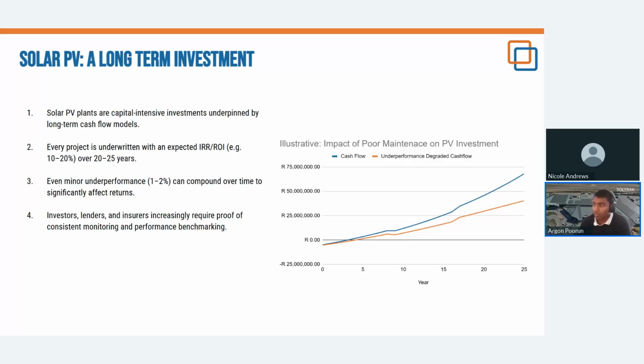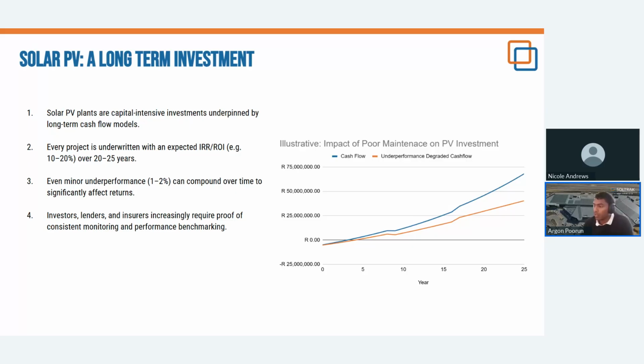On the right of the screen here, I've got an illustrative example of a real asset where we've projected the cash flow of this asset for its lifetime, and then in the orange we've got that same asset, but with an underperformance factor of 5% applied, getting worse over time.